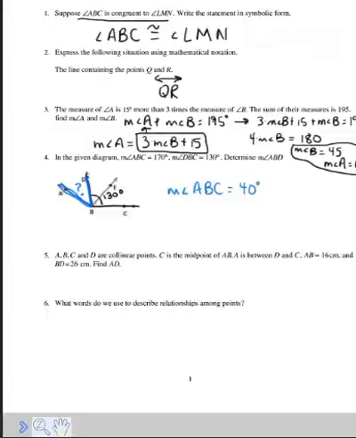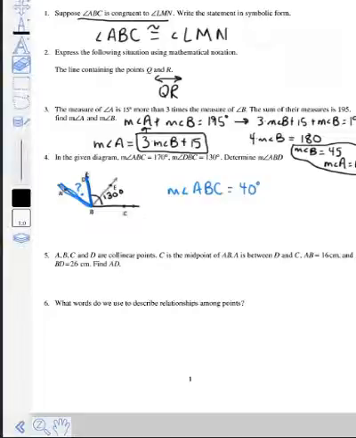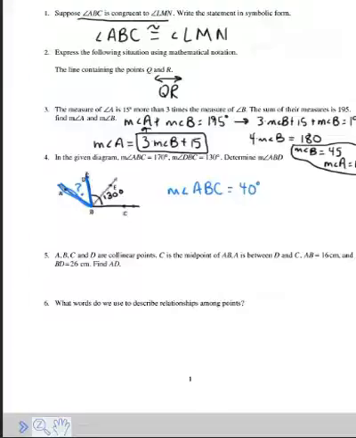It says here C is the midpoint. Where is it? Right here, C is the midpoint of AB. That means C is right in between A and B. And it says here that A is between D and C. So we have a line.